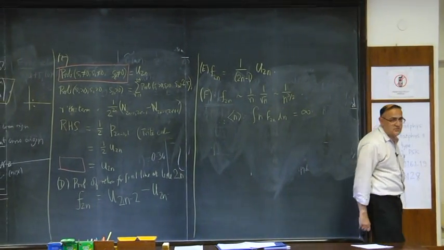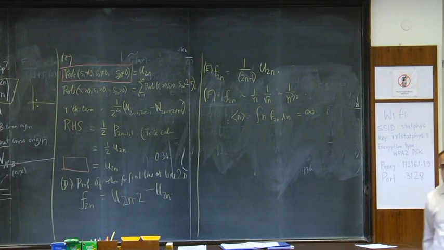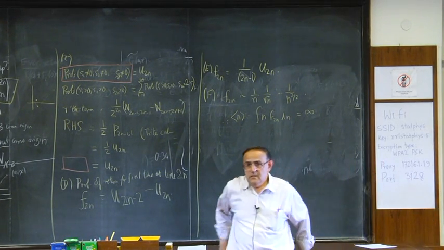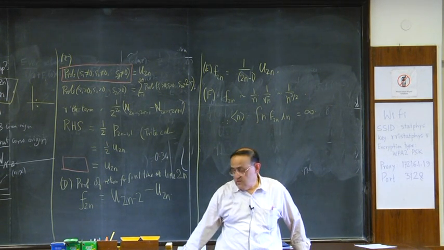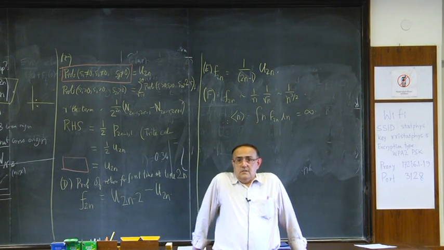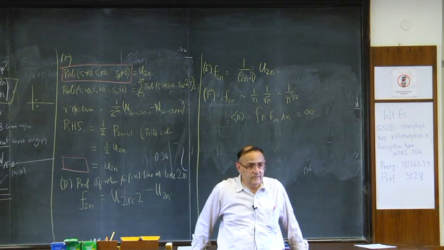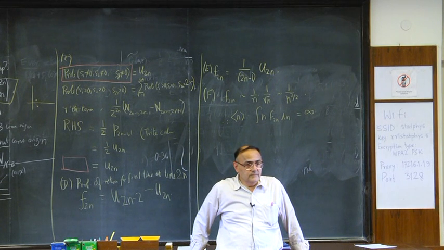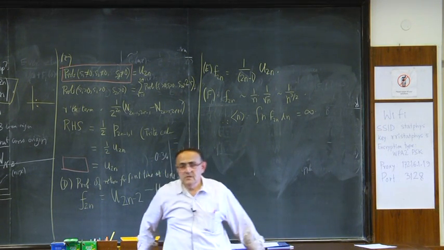But let me put it in a slightly more shocking way. Suppose I'm doing a random walk. So I'm standing here. I'm asking you, what is the mean time taken to reach the site next to me? I mean, I could go there in the first go, but I may not.